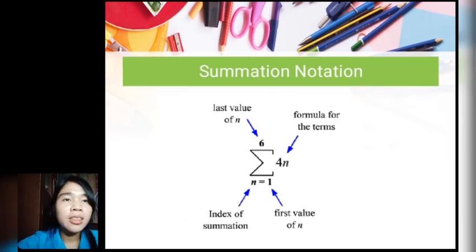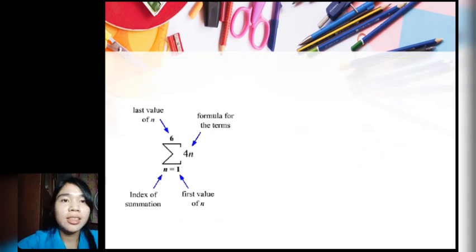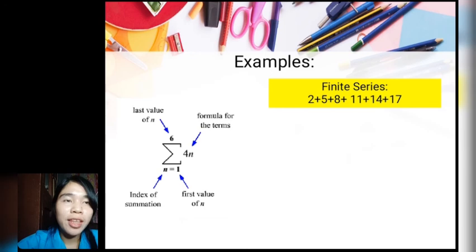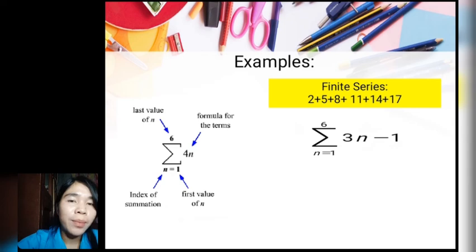Now, let's use the summation notation in solving series. We have here examples. First is the finite series: 2 plus 5 plus 8 plus 11 plus 14 plus 17. When we write it using the summation notation, we have the summation of n equals 1 to 6 of 3n minus 1.